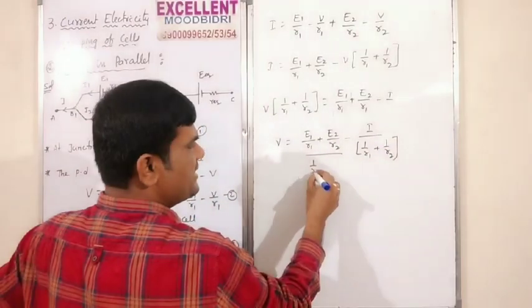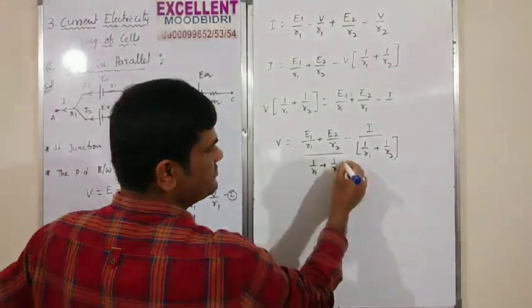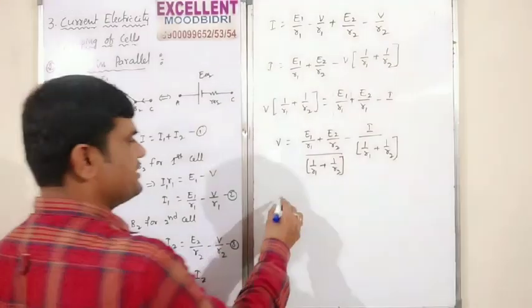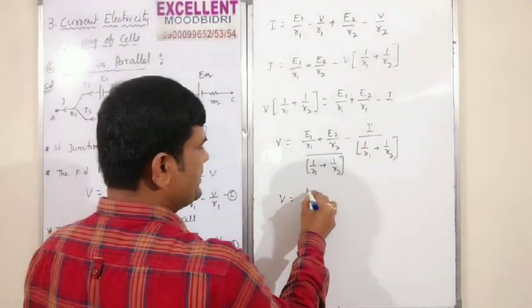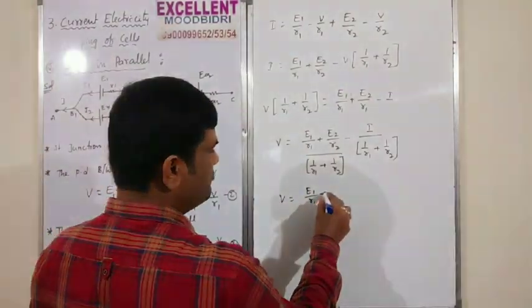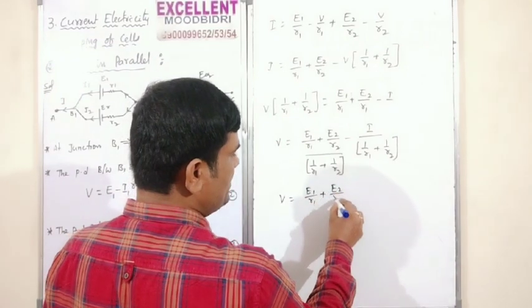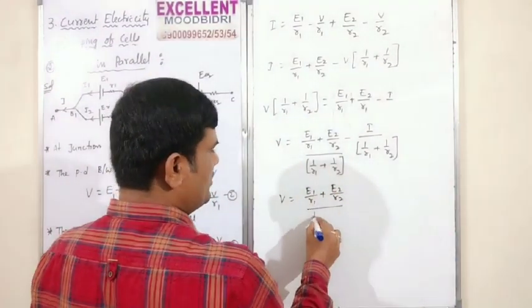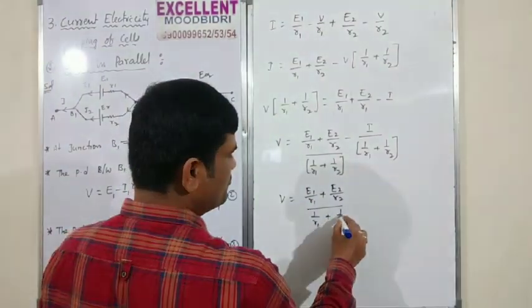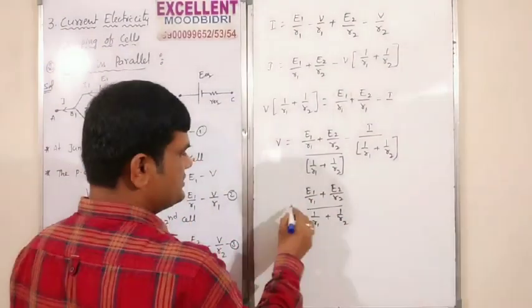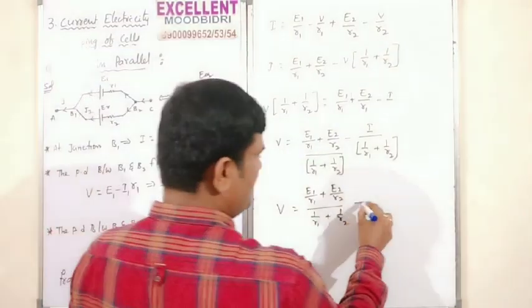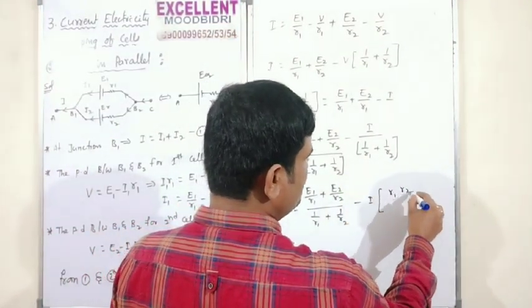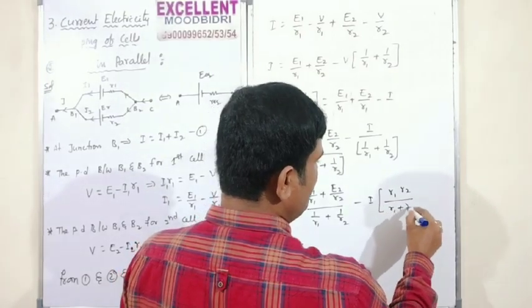So this is the formula. For the LCM, 1 by R1 plus 1 by R2 gives R1 R2 divided by R1 plus R2.